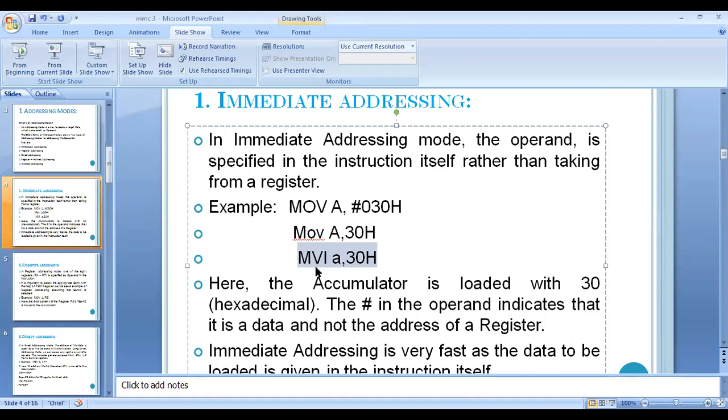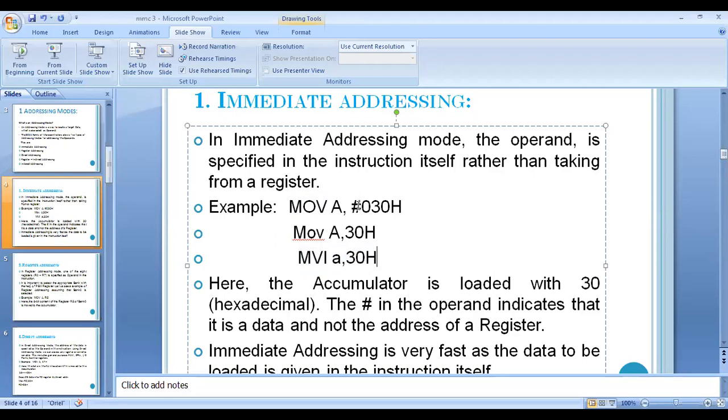What I told you at that time was, whenever there is an I, you come to know it is immediate. But in the microcontroller, there is no such instruction called MVI. Whenever you want to move data, you have only one instruction, MOV, for the data and for the memory location also. So don't get confused. How can we differentiate between the data and the memory location?